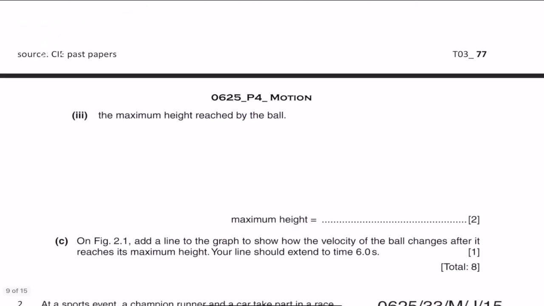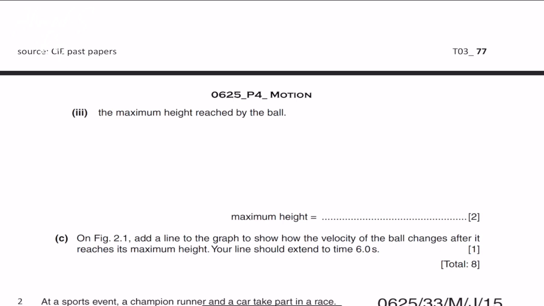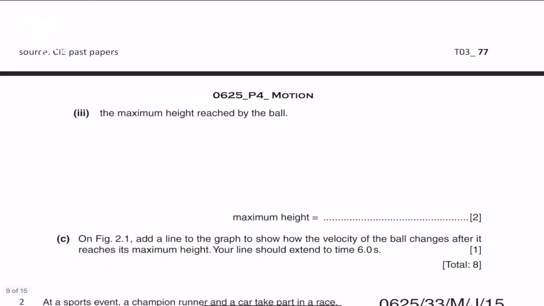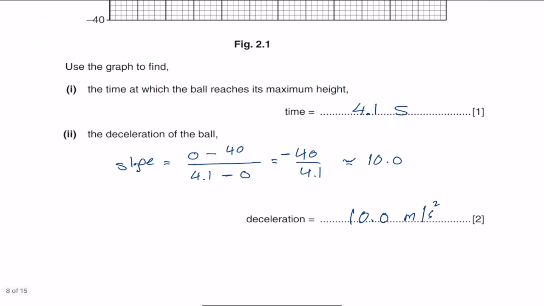Part three, the maximum height reached by the ball should be the area under the graph. So I'm going to say that the maximum height is equal to the area under the graph. I got 1 mark out of 2 for this sentence, area under the graph. So I can find the area under the graph here.